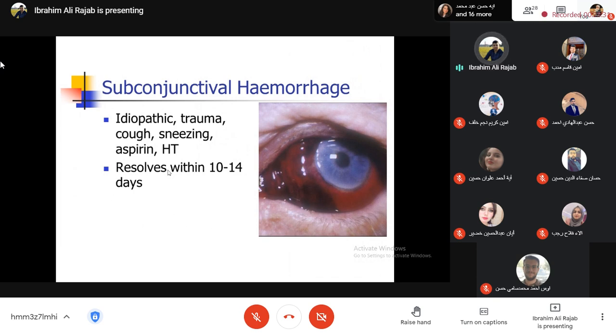If there is another sign or another trauma insult, we should treat that cause. I mean, if there is a wound, we should suture the wound. If there is trauma to the retina, we should treat it, and so on. So there is no treatment for the hemorrhage itself. It will be resolved, but we should know the underlying cause of the hemorrhage.